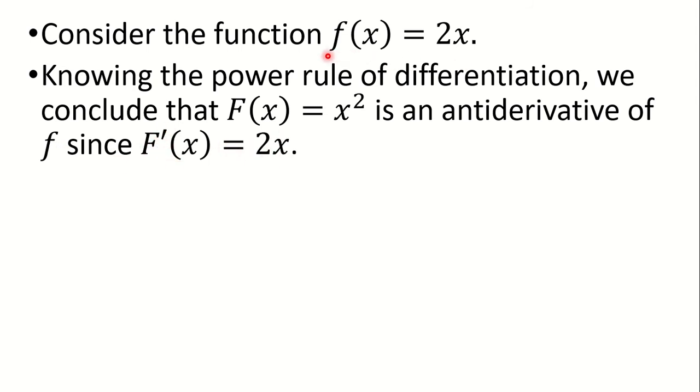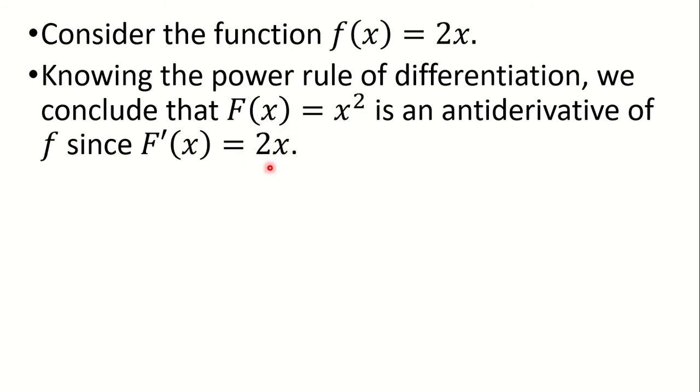So, itong function natin, f of x is equal to 2x. Sabi dito, we conclude that capital F of x is equal to x squared. Ito daw x squared ay antiderivative ng function na to, ng f of x, since kapag kinuha natin yung derivative ng capital F of x, ang lalabas ay 2x.